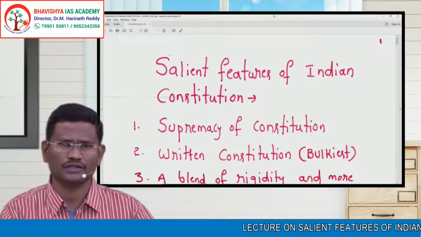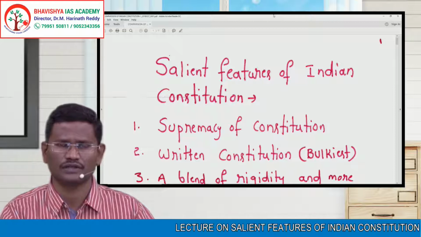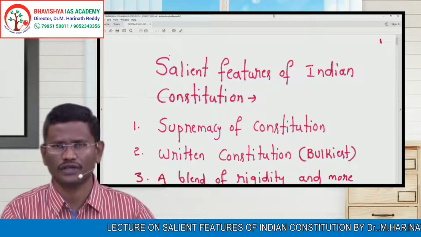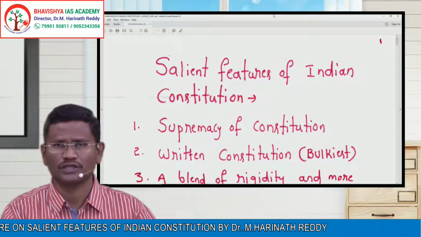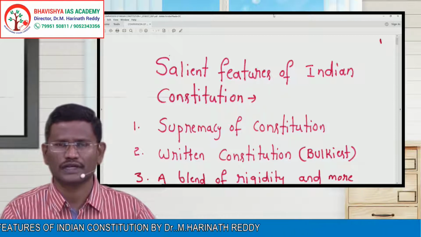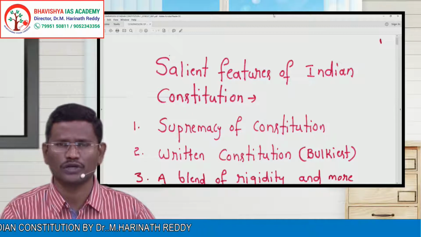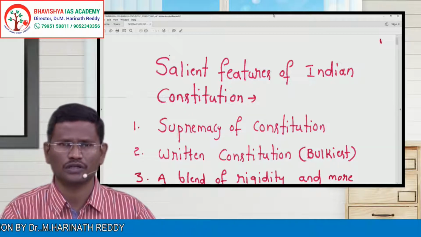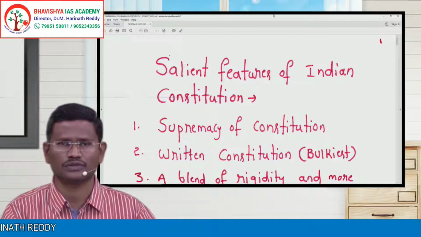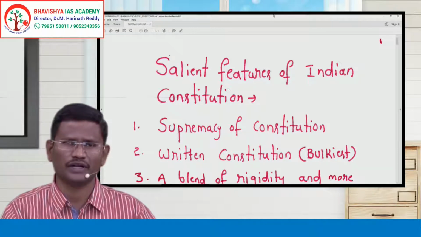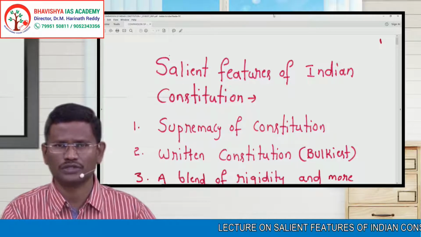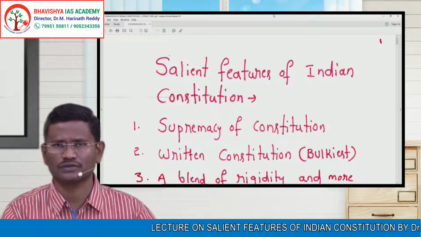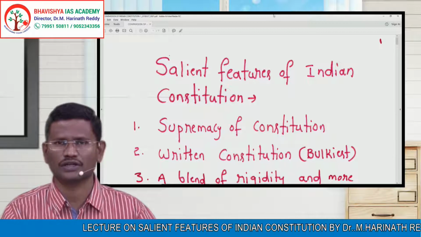In addition to this, the geographical size of India, and the safeguards to protect the interests of certain disadvantaged social groups made Indian Constitution the bulkiest written constitution. So this is the second important salient feature of Indian Constitution. Among the written constitutions, it is the lengthiest.